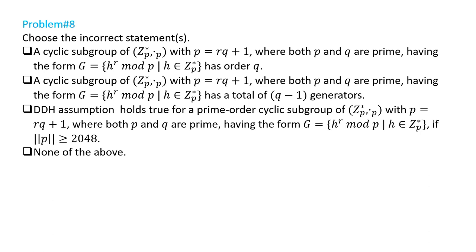Okay, and the DDH assumption holds true for a prime order cyclic subgroup of ZP star with multiplication modulo P such that P is RQ plus 1, where both P and Q are prime, having the form G equal to H to the power R mod P, H belonging to ZP star, if the bit length of P is greater than or equal to 2048.